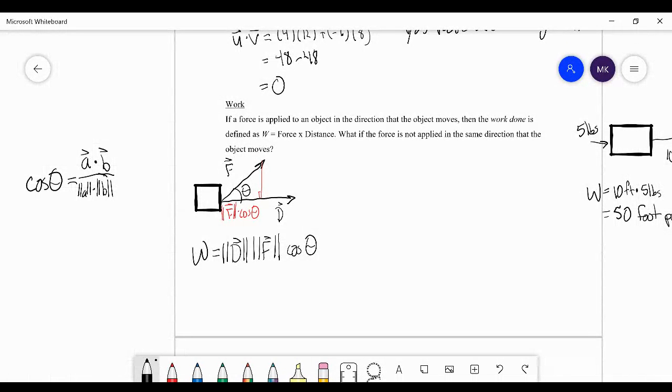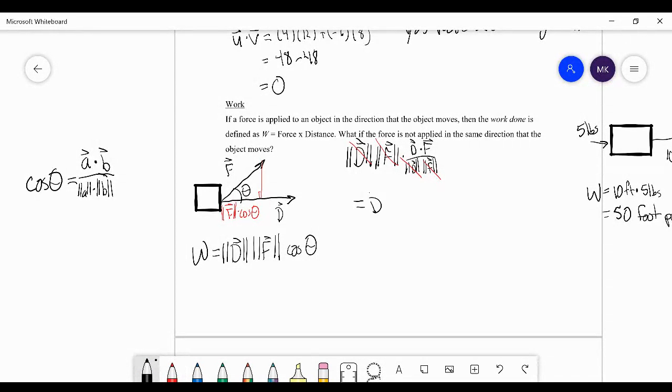So I can use that to say that I have the magnitude of the distance vector d, times the magnitude of the force vector F, times, instead of cosine theta, vector d dotted with vector F all over the magnitude of d times the magnitude of F. And very simply, those cancel out.